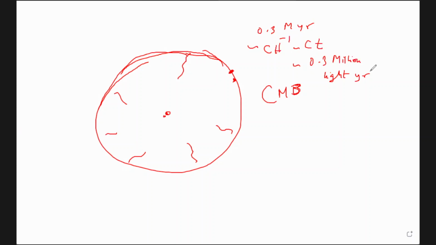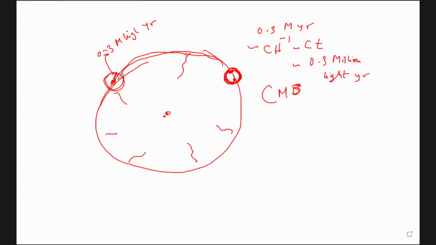So that means when the CMB was released, the horizon size was very small. Today our horizon size has become very big, 14 billion light years times 3 actually, or 2, as we have discussed. So the whole thing is our horizon. But at that time, the horizon size was very small. So if you take a photon here, its own horizon size was this much, that is, the radius was 0.3 million light years.